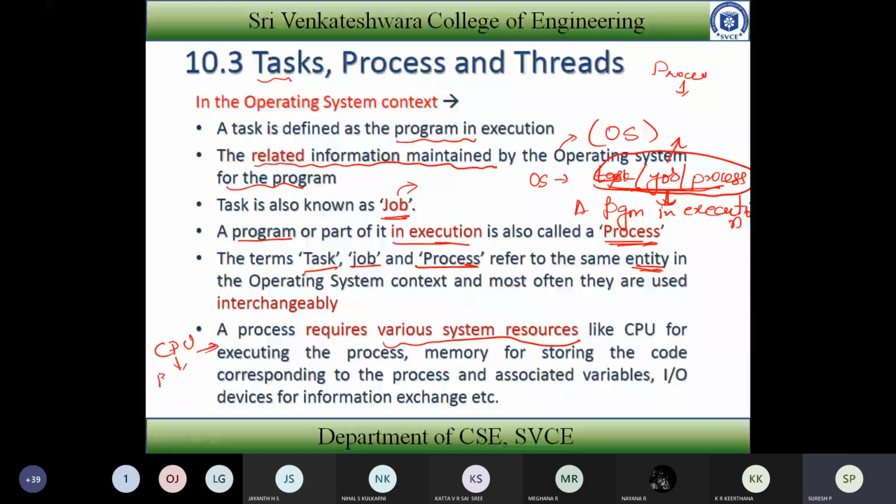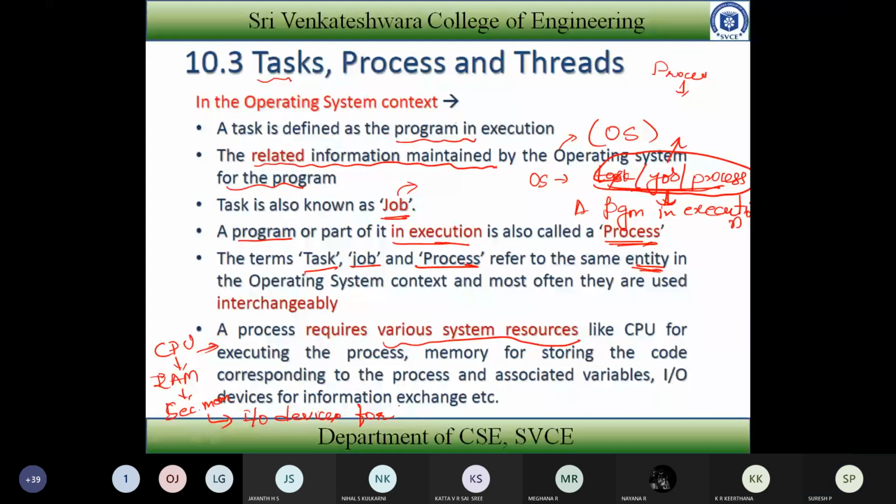Then I have to store the code, so some secondary memory should be there. I have to give instructions through the input unit, and the result has to be displayed on the output, so I should have some IO devices for information exchange. These are some of the resources required for executing the process.